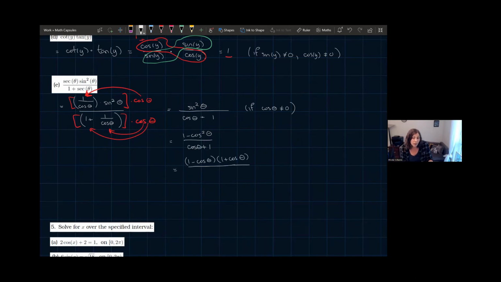And 1 plus cosine is the same thing that I have in the denominator. So now I can reduce even further. I can say 1 plus cosine divided by 1 plus cosine is equal to 1, or you could say they cancel out. And you're just left with 1 minus cosine of theta. But that's only valid if I didn't just divide by 0.